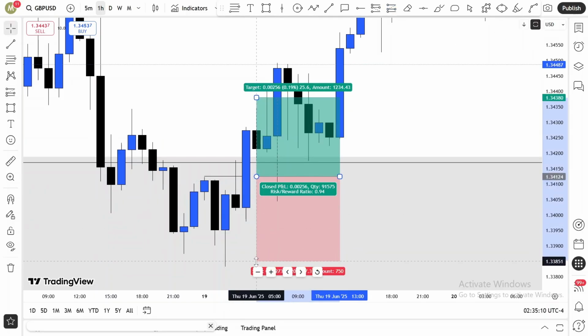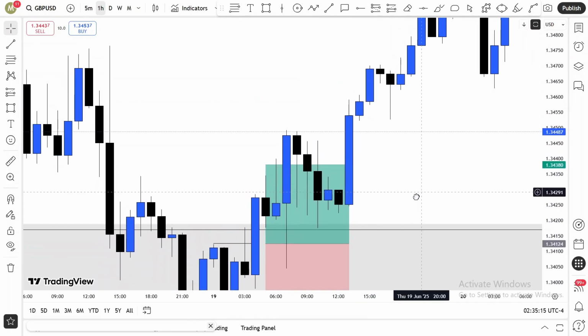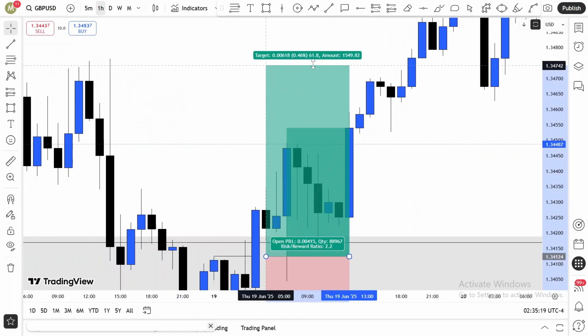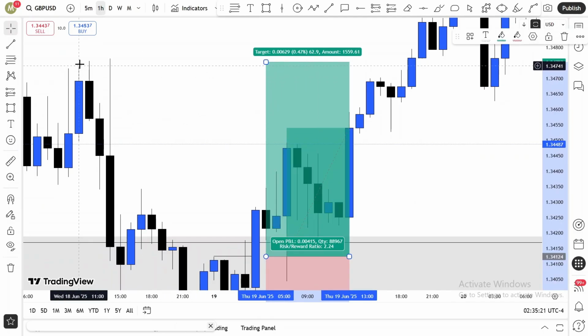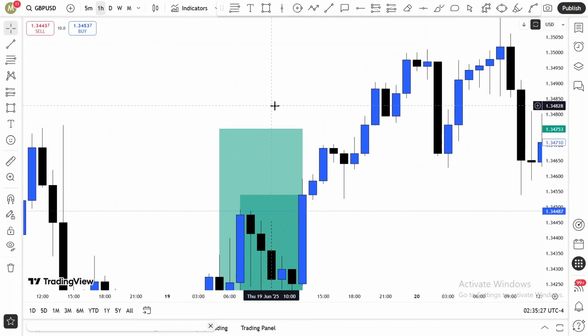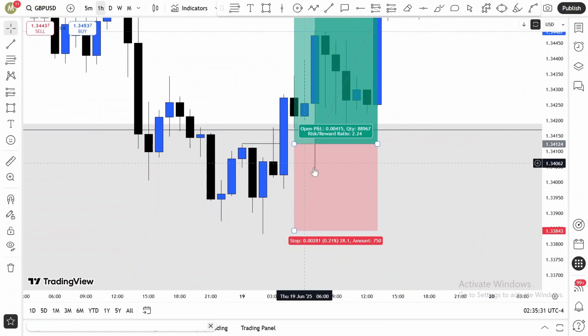Your stop loss should be below this low here, right? And you target maybe this first high here, because definitely price will want to take out this first high. This is the first draw on liquidity. So you can see how price reacted off this zone after this shift in market structure.